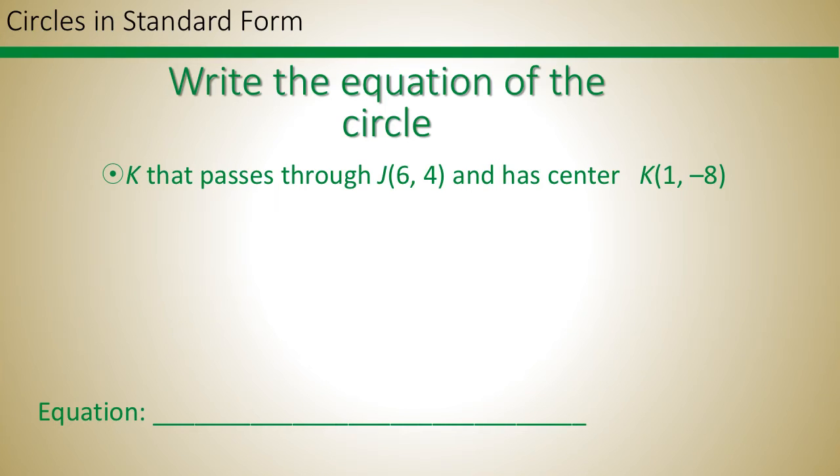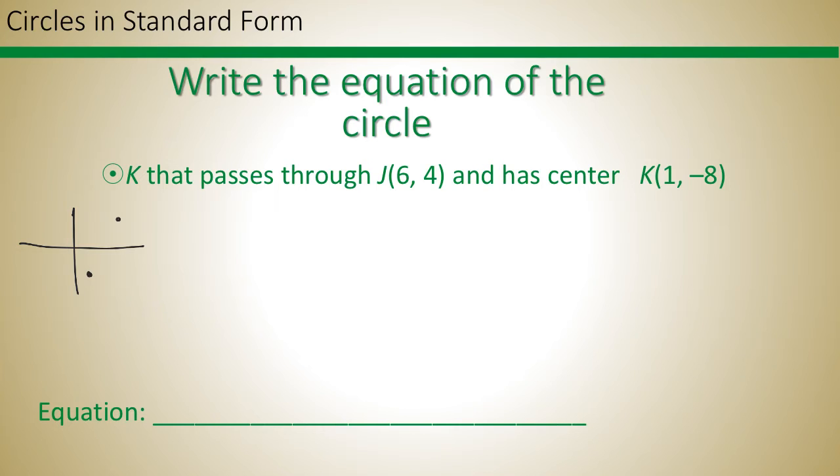So here's an example that would require that. It says write the equation of the circle if circle K passes through the point (6, 4) and has a center at (1, -8). Let's think about what that looks like on the coordinate grid. I have a center at (1, -8) down here, and then it passes through the point (6, 4).